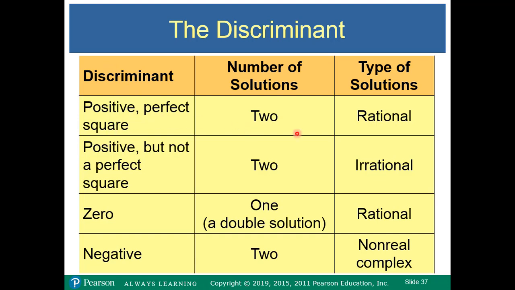If it's a perfect square, then you have two rational solutions. If it's not a perfect square, then you have two irrational solutions, okay? If the discriminant is 0, then you have only one solution, and it's a double solution, and it's rational, okay? If it's negative, then you have two complex solutions.